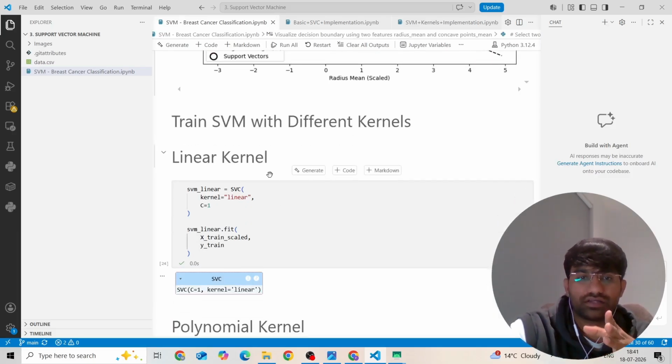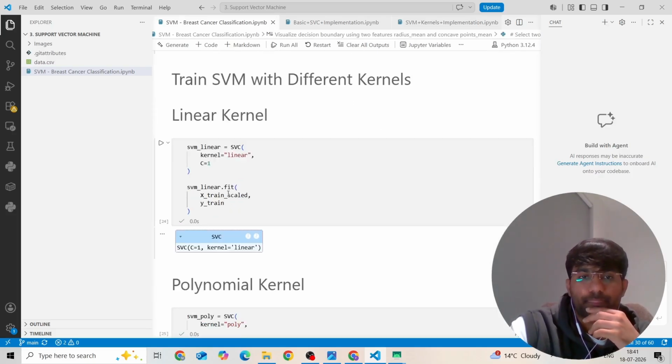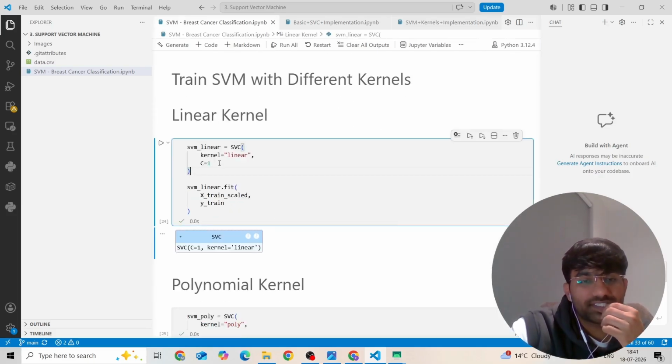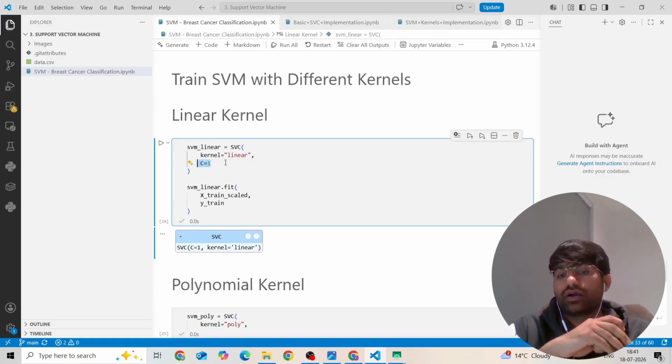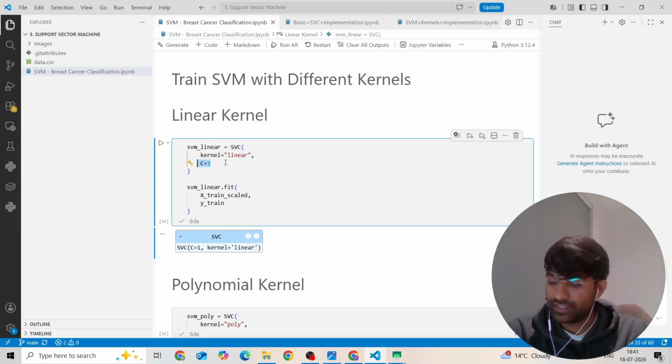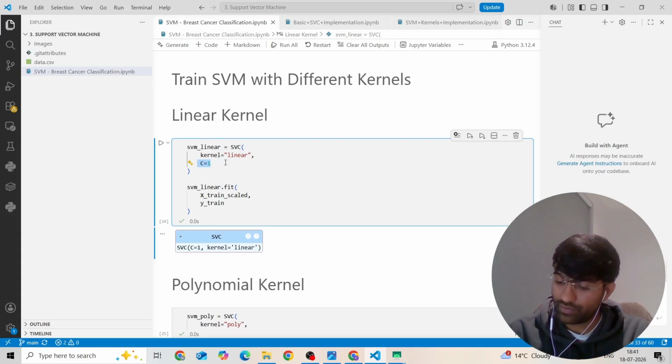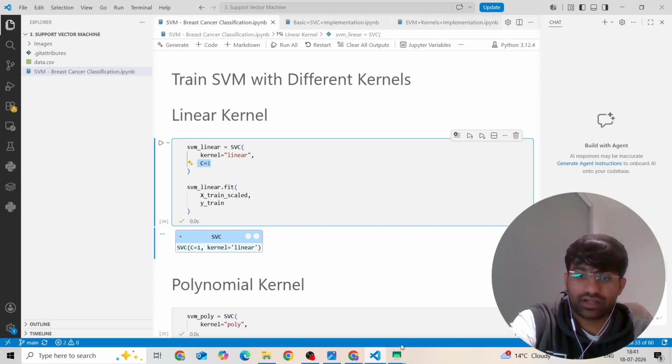First, as usual, I will train with the linear kernel. Here one point to notice is that I have used C equal to 1. I told you when doing the theory, with hinge loss, I will add a hyperparameter.